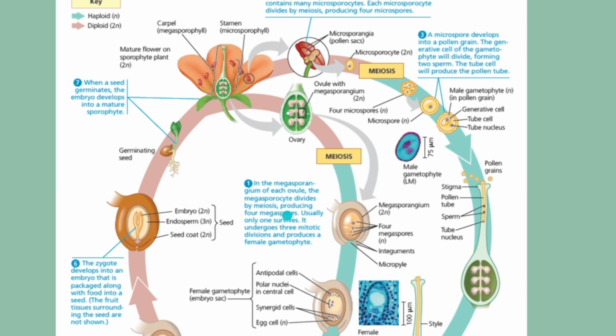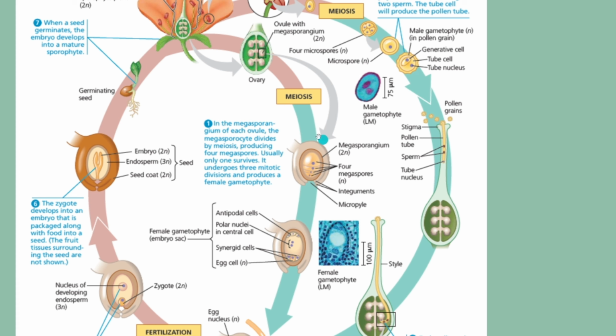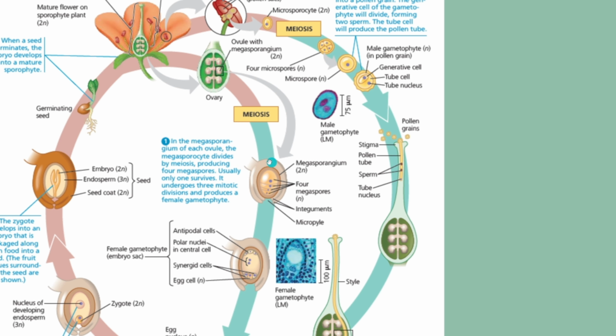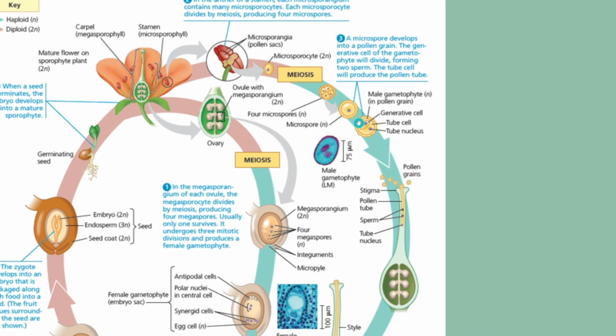See here, in the beginning of the process, they are forming the gametes. For the female, the gamete is the megaspore, and for the male, the gamete is the pollen grain. How are the megaspore and pollen grain formed?